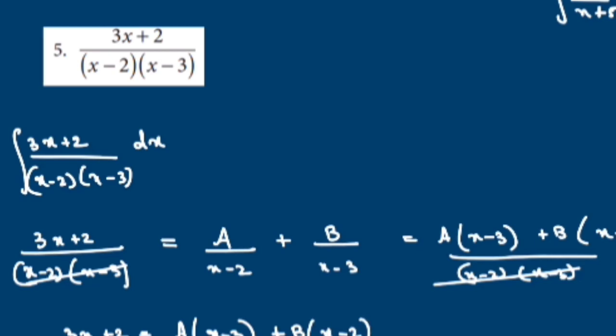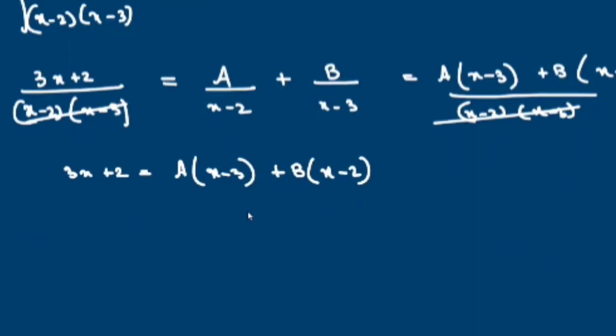Now we have to find a and b. So for that you put x minus 3 is 0. The first factor is x minus 3. Put x minus 3 is 0. You will get x is 3. So put x is 3 here. 3 into 3, 9 plus 2, 11. When you put x is 3, this will become 0. 3 minus 2 is 1. So b is 11. The next factor is x minus 2.